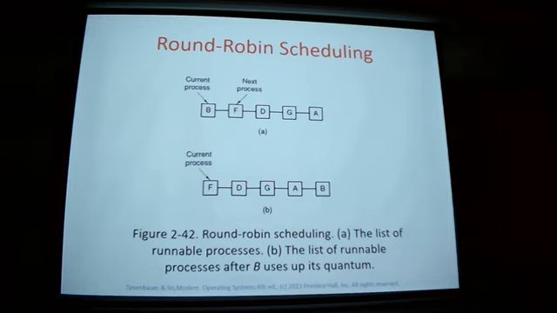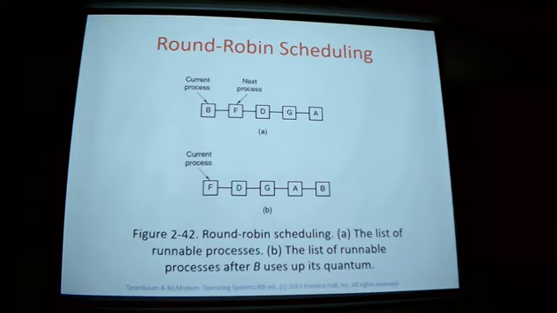So how to determine the length of a quantum is an issue for research. Although a longer quantum can increase the CPU utilization, it will increase the response time. It is not a good thing.